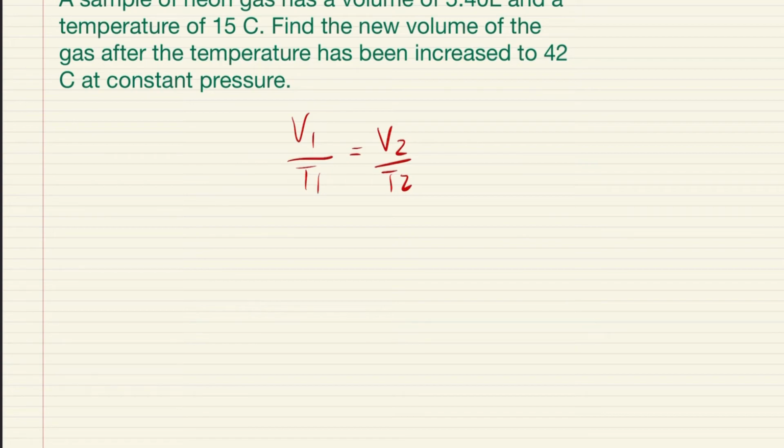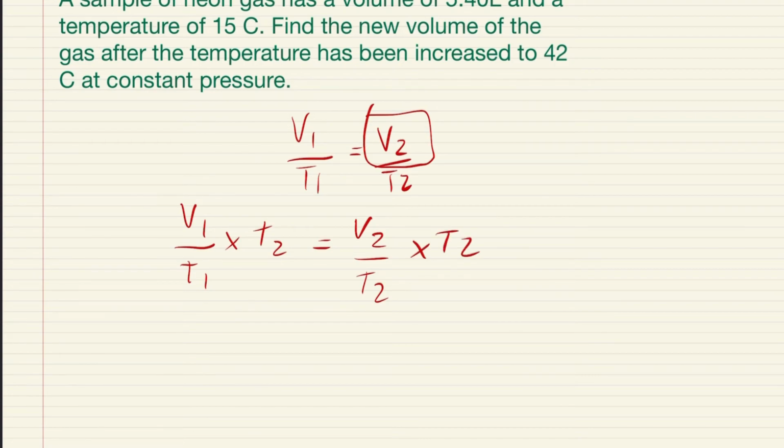So now we're looking for V2, the new volume. So what we have to do is isolate V2. We do this by writing out V1/T1, and we multiply across so we can cancel out T2 and isolate V2.